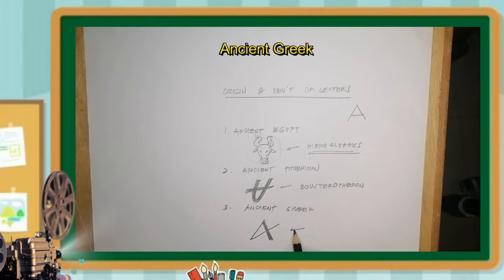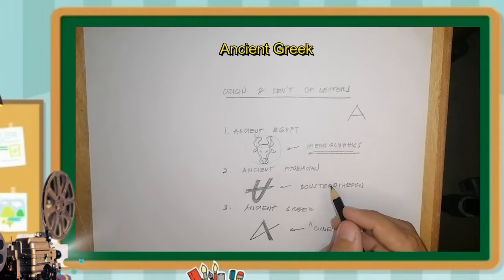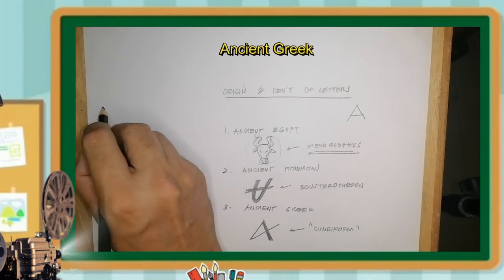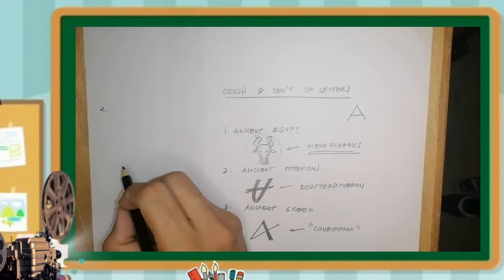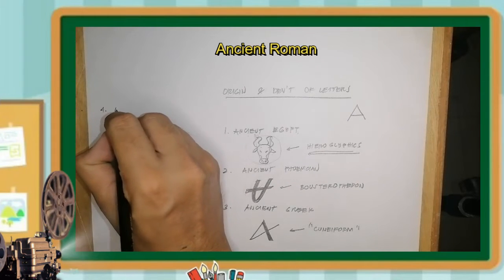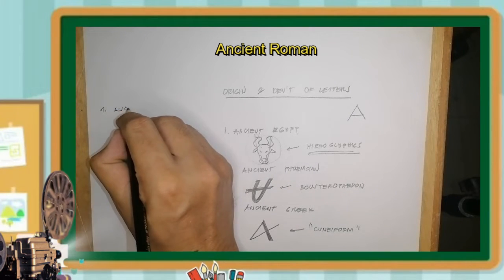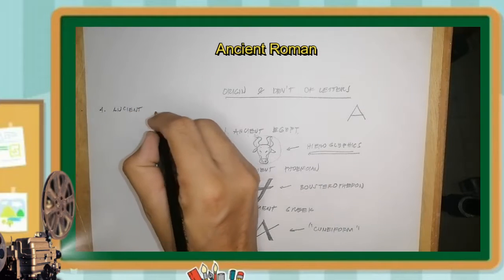Okay? This form of writing is what we call the cuneiform, in the form of what we call symbols. Next. So after the ancient Greek, it was the ancient Roman who were the last to modify the letter.